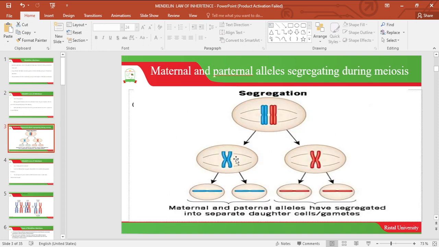If you look at the diagram below, it shows the maternal and the paternal alleles segregating during meiosis, and when the maternal and paternal alleles have segregated into the separate daughter cells or gametes.